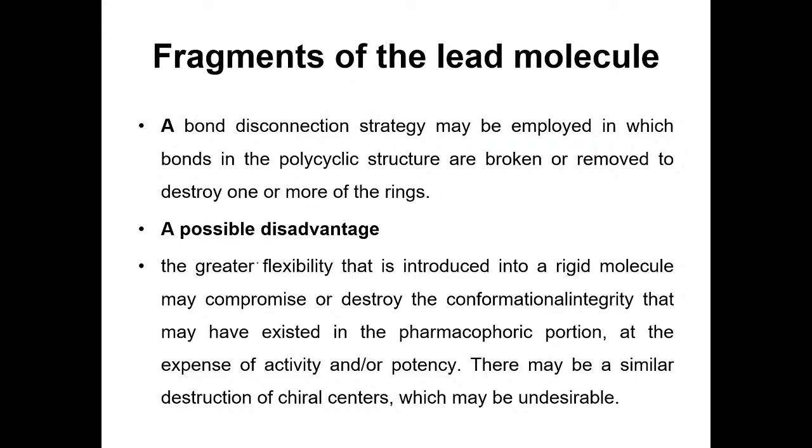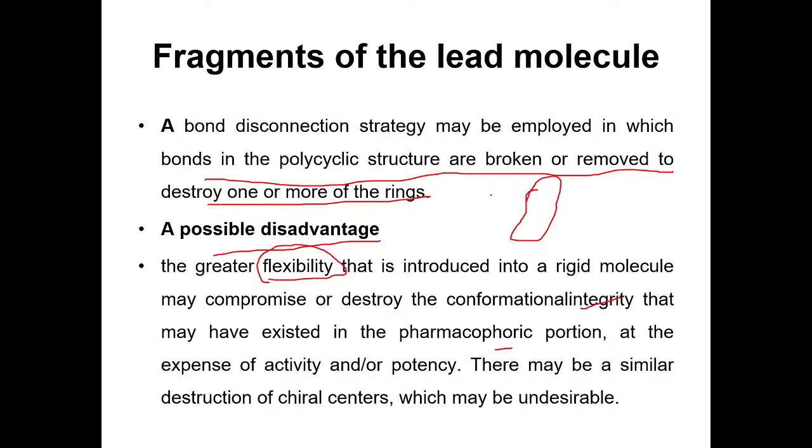Okay. So for this, a bond disconnection strategy may be employed, in which bonds in polycyclic structures are broken or removed to destroy one or more of the rings. A possible disadvantage is that when you break the molecule, the molecule becomes flexible, so it will not stay in the single optimum conformation that is required. It can lose its potency. So along with the pharmacophoric group, you might require some groups that can impart rigidity to the pharmacophoric group.